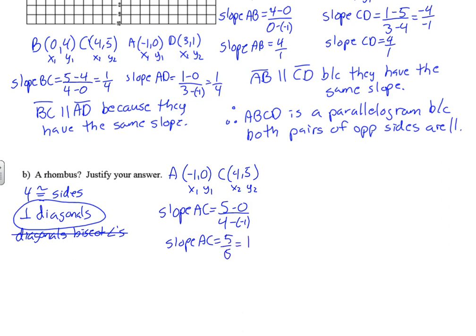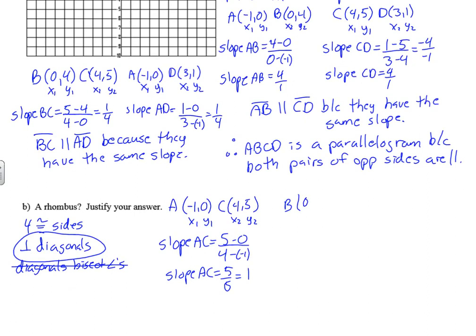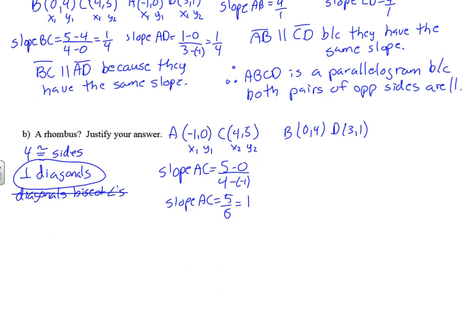And then the other diagonal, let me just go check, I think it's BD. Yep, so B is 0, 4, D is 3, 1. Again, X1, Y1, X2, Y2. So the slope of BD, Y2 minus Y1 over X2 minus X1, would be -3 over 3.